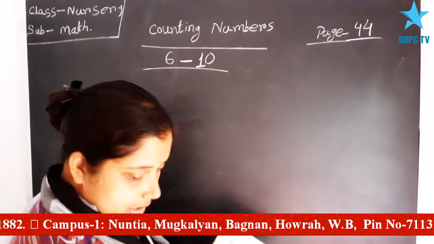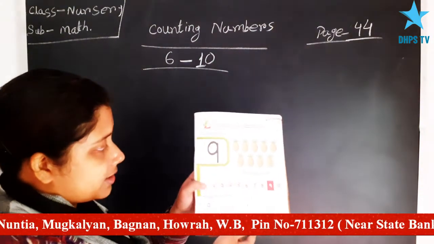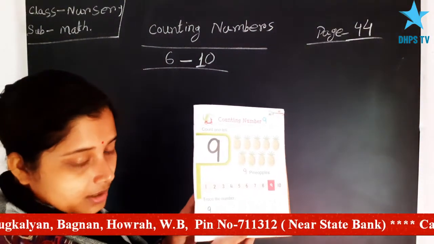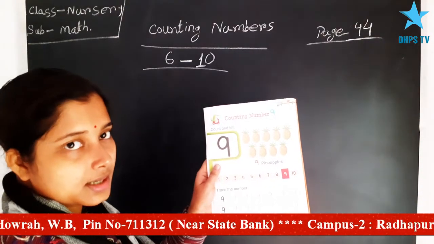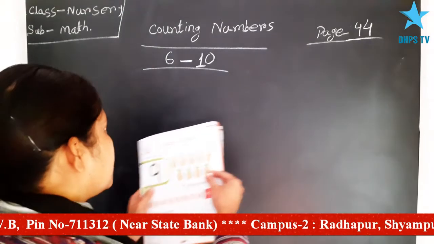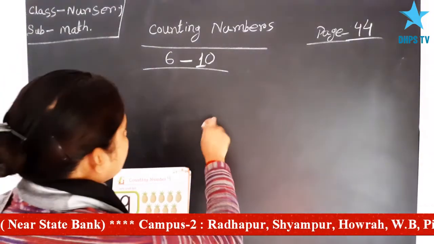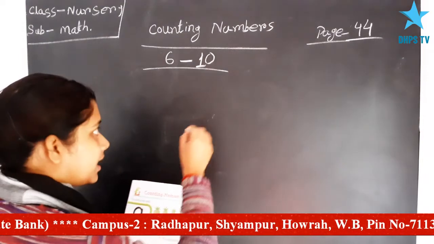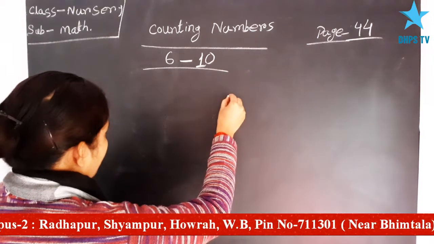Now the next number 9, page number 47. The number is 9. So how can you write the number? Similarly as the number 8, make a circle or oval.